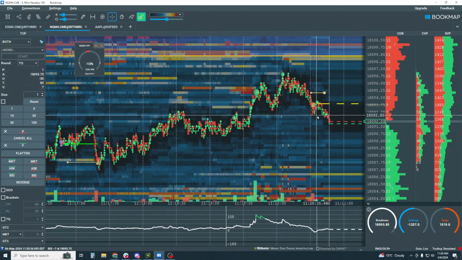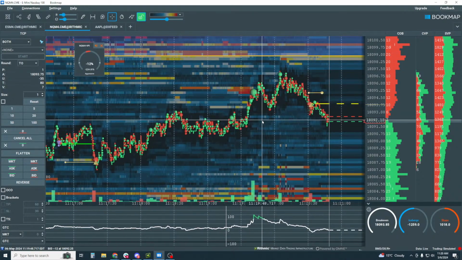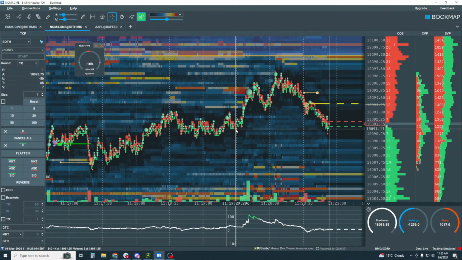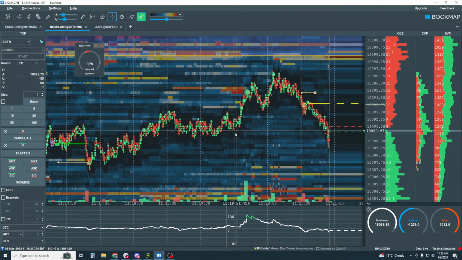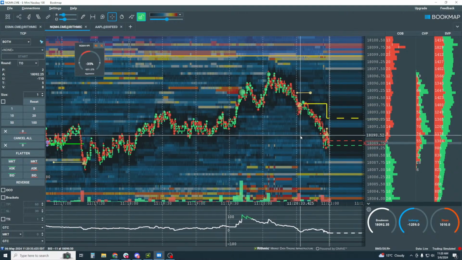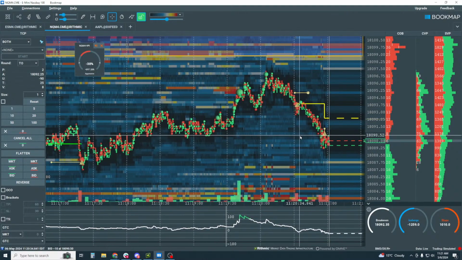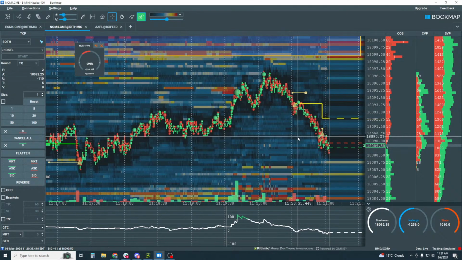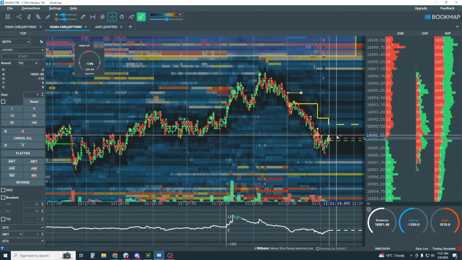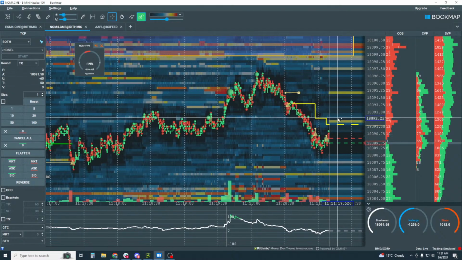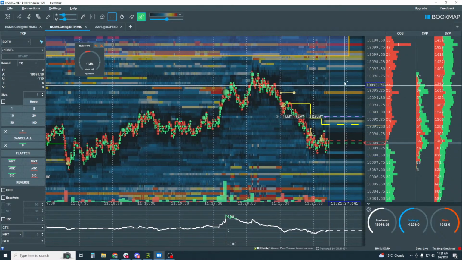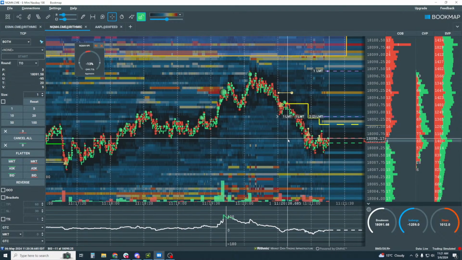There's another one below this little swing here. All the way back down to this swing. All right, so I'll enter again in here. And then I'm looking for this move higher here, back up to where we dropped from.